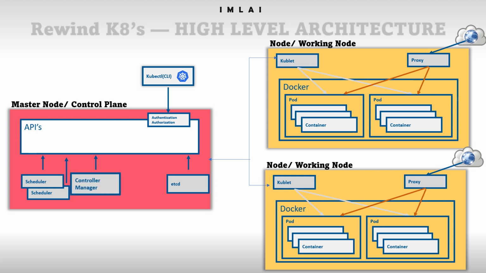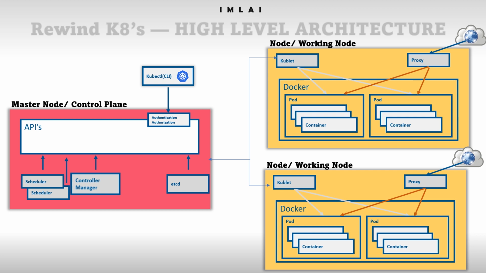That's the purpose of a controller. A controller tracks at least one Kubernetes resource type. These objects have a spec field that represents the desired state. The controllers for that resource are responsible for making the current state come closer to the desired state.